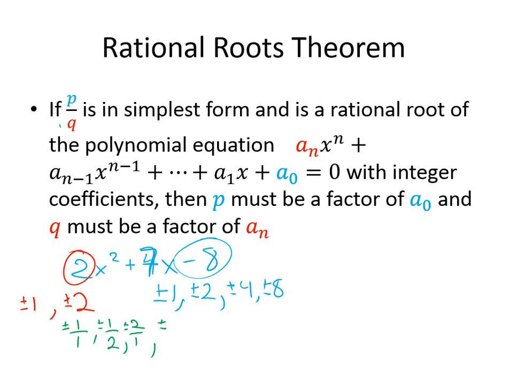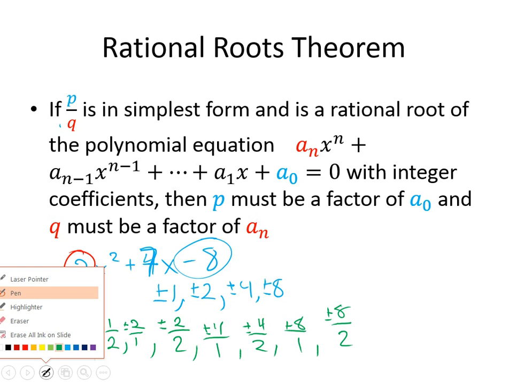We have 2 plus or minus over 2. We have 4 plus or minus all over 1, and 4 plus or minus all over 2, and we have 8 plus or minus all over 1, and 8 plus or minus all over 2.